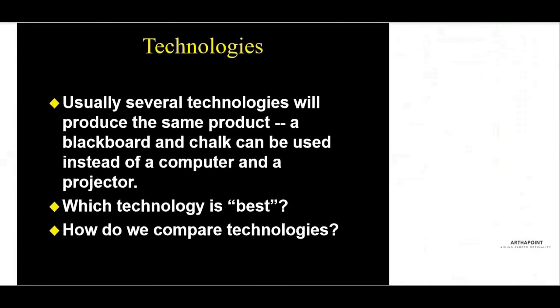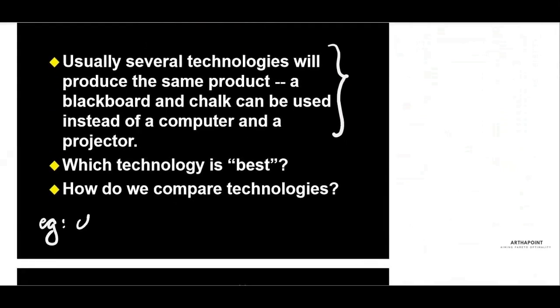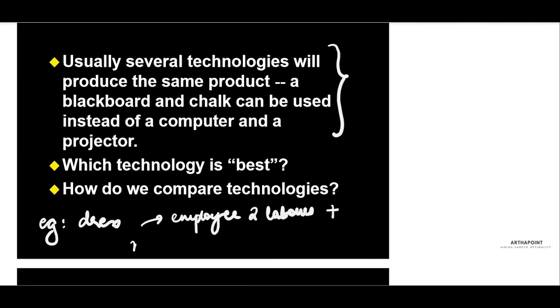Now, it is also possible that various technologies can be used to produce the same output. For example, if I have to produce a dress, one way can be that I employ just 2 laborers and I combine these 2 laborers with a machine.